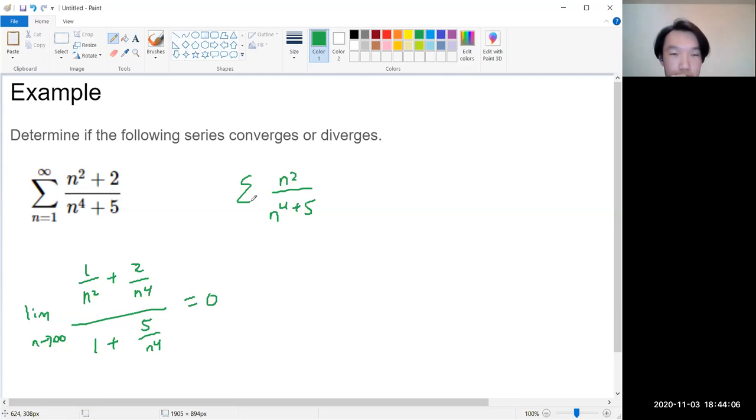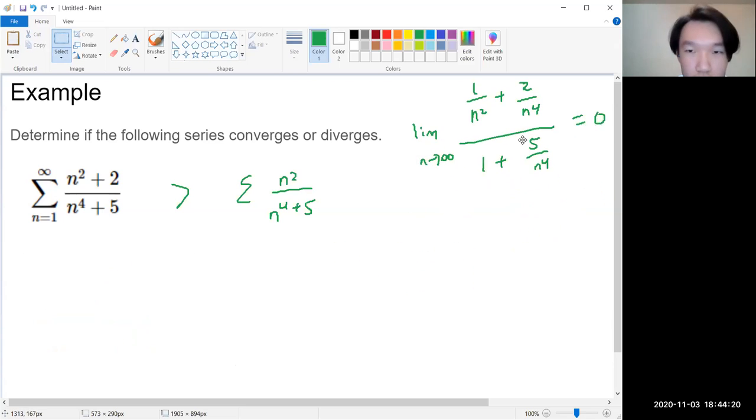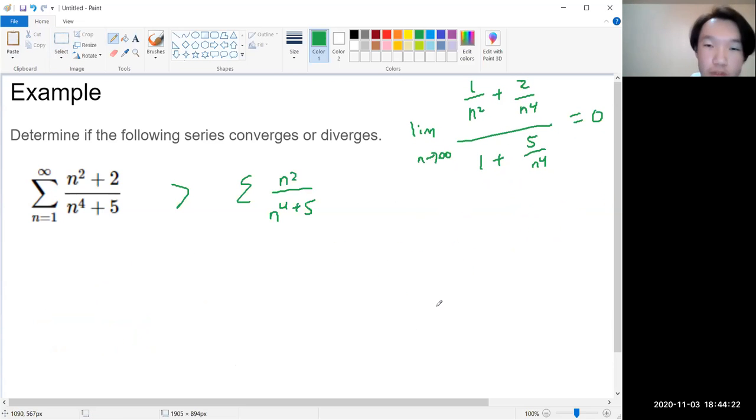Greater than? Yeah, because the numerator is greater. We already know it's convergent, because we did the analysis. Then we should probably get a less than sign, because if we're less than a convergent series, we're also convergent. So this makes us have a greater than sign.